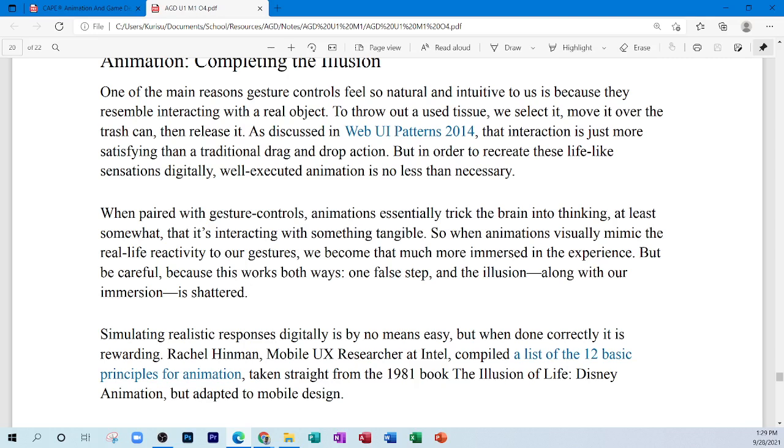So if the animation does not compare to something we do realistically on an everyday basis, then in our mind it can either be considered a good, realistic animation, or we can say that it is basically fake because it's not natural to us.